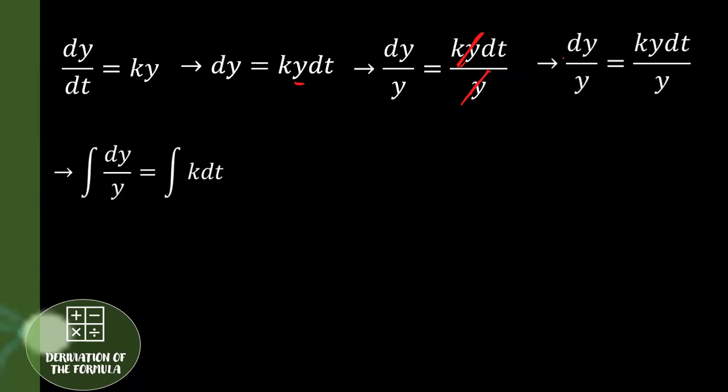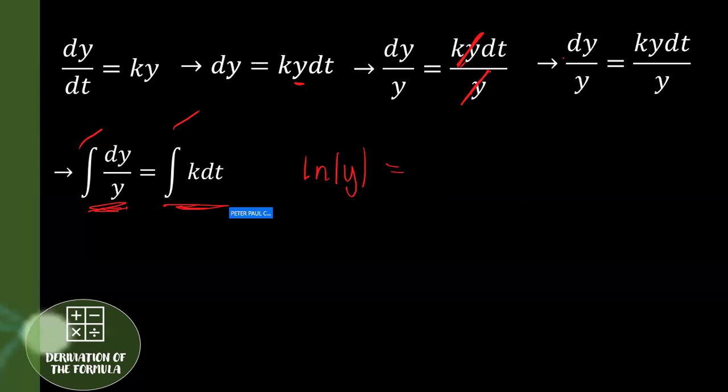Just like that. Then we can now integrate because this is already variable separable. And what is the integral of dy over y? That is ln of the absolute value of y, right? Then we can use the constant multiple theorem, in which the constant will be outside the integral sign. So k integral of dt. So that is how it works.